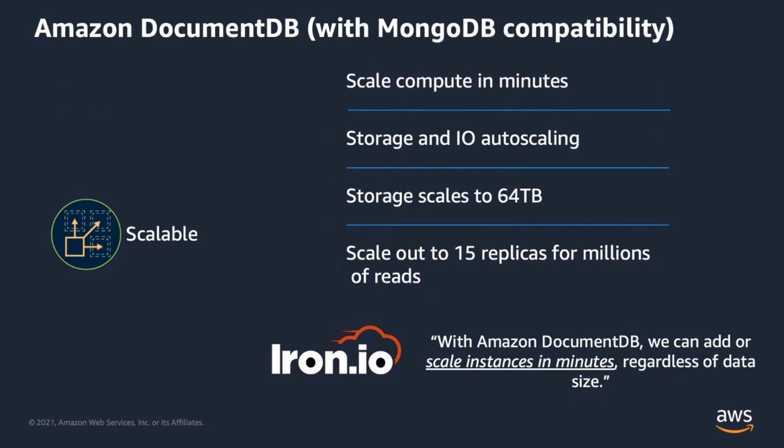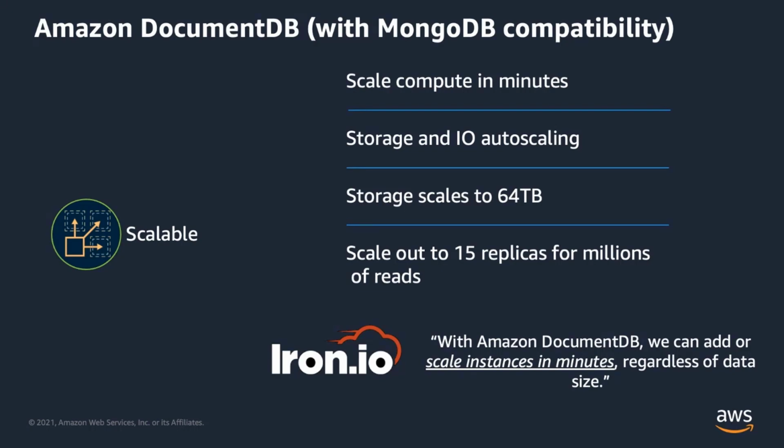DocumentDB is scalable, and this predominantly comes from the service's architecture, where the storage and compute are decoupled. Separation of compute and storage allows you to scale both of these independently. You can scale compute horizontally or vertically within minutes, and this is regardless of the amount of storage in the cluster.